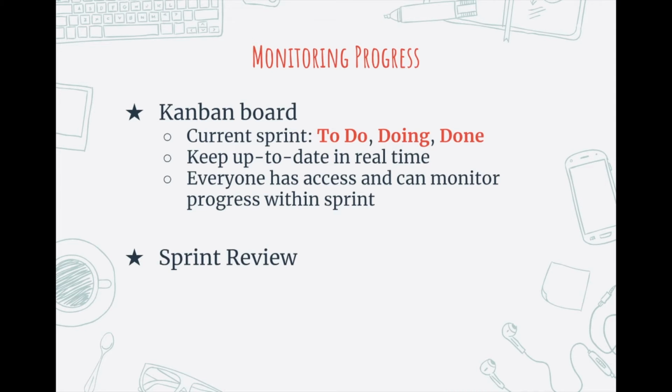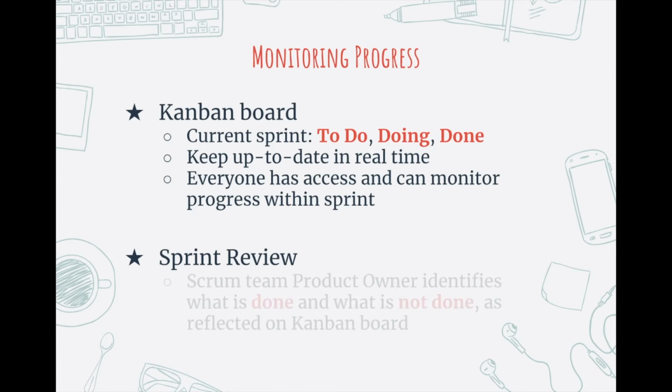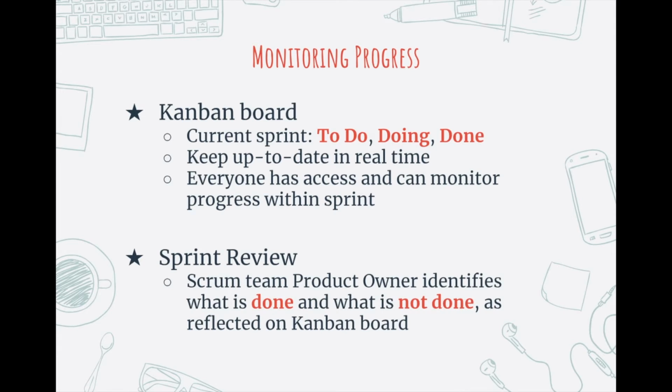Similarly, at the end of a sprint, we're going to use that Kanban board as a discussion point to review both what was accomplished and what was not accomplished that had been planned. The Scrum team's product owner will drive that conversation.